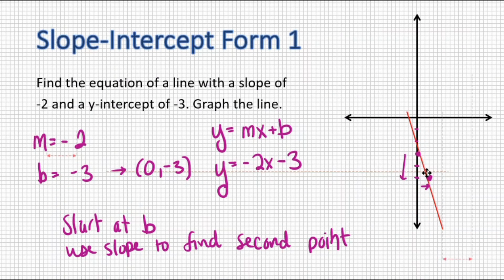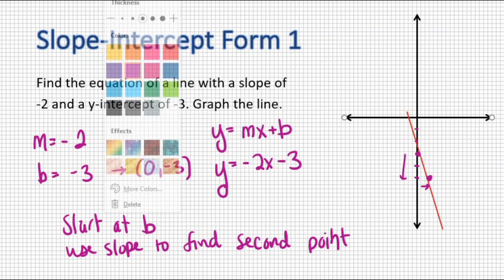So there's that line continuing on, or thereabouts. If I wanted to know any other values, I could either read it from the graph if it was a nice line, or I could take a table of values. If I wanted to know what was going on when y equals 0, I could sub that in and figure out the x value and figure out a point, say, right here.